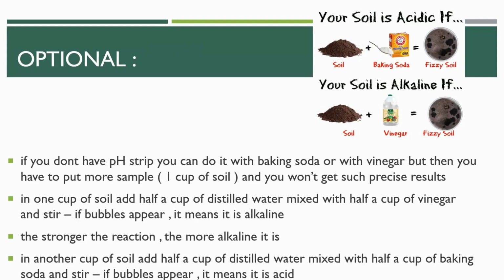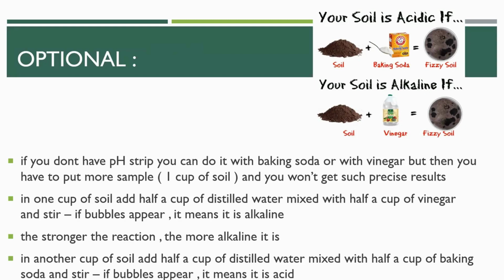In one cup of soil, add half a cup of distilled water mixed with half a cup of vinegar and stir. If a reaction happens, it will appear as bubbles. If that happens, it means your soil is alkaline. The stronger the reaction is, the more alkaline it is.